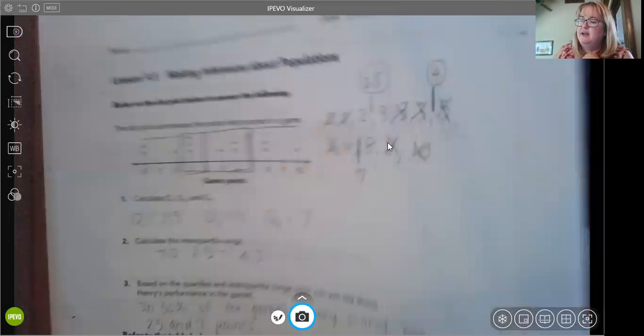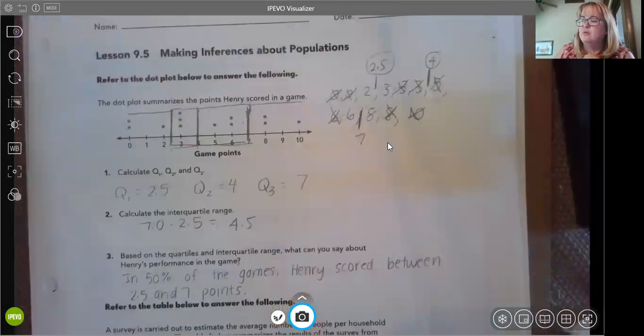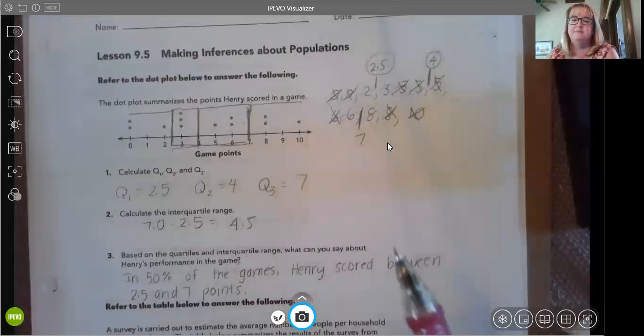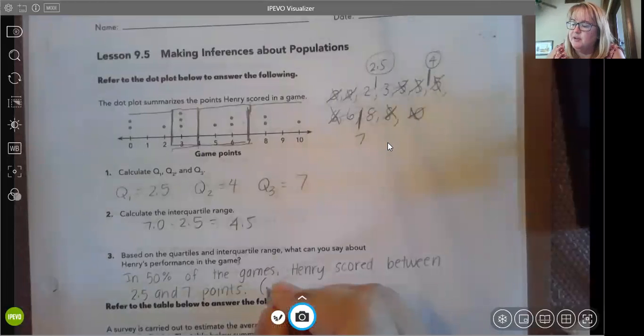And the 4.5, the interquartile range, just means that he scored within 4.5 points in 50% of the games. And in parentheses, we can put within 4.5 points.